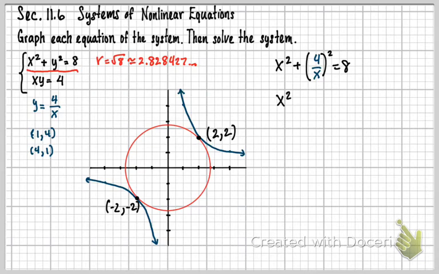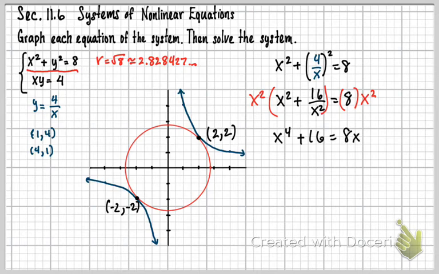This gives me x squared plus 16 over x squared equals 8. Then I multiply both sides by x squared, and I get x to the 4th plus 16 equals 8x squared.